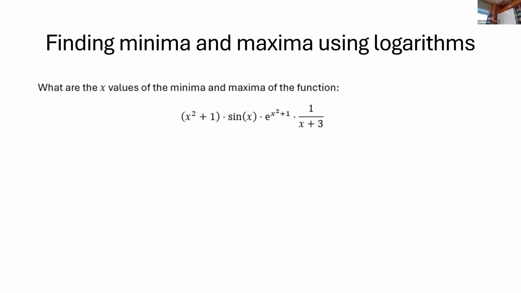So now I need to take a derivative of this, right? So what is the derivative? Again, we have another chain rule. So it's the derivative of e to the t multiplied by t prime. So it's multiplied by e to the x squared plus 1 and by the derivative of x squared plus 1, which is 2x.